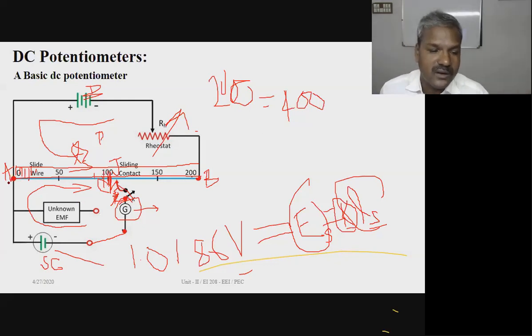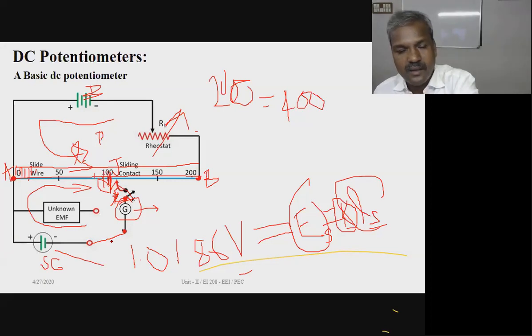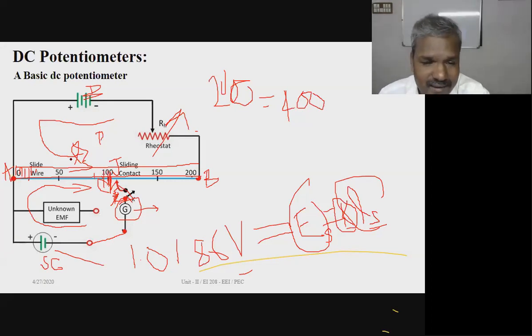You know the drop across A and J is 1.0186 volt, because the drops across the two branches are equal. From that, you can find the current flowing through the primary circuitry. This is another way of calibrating the setup. Understand?